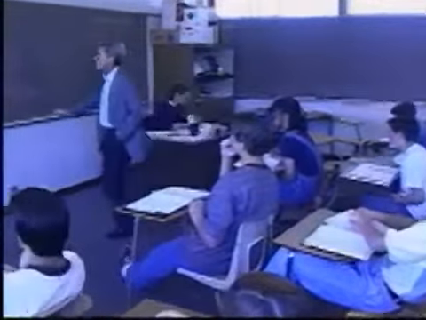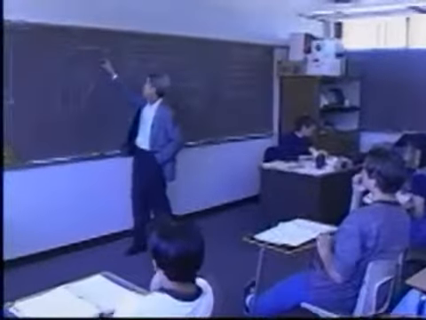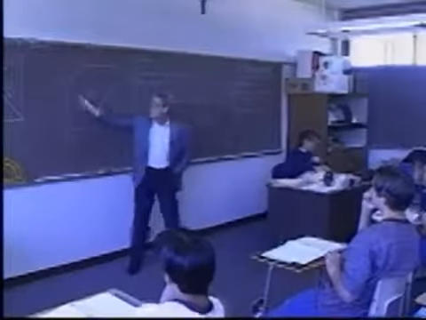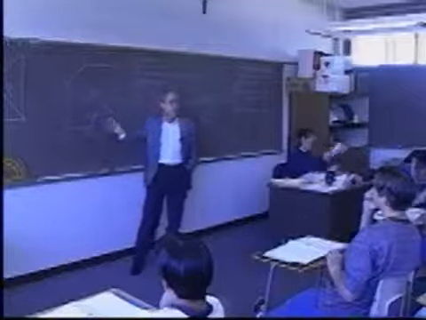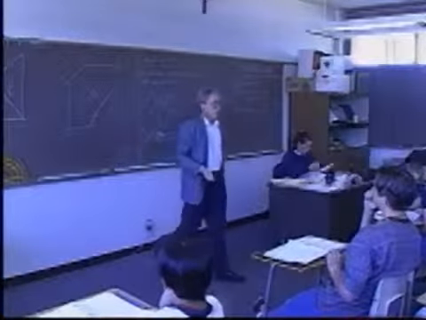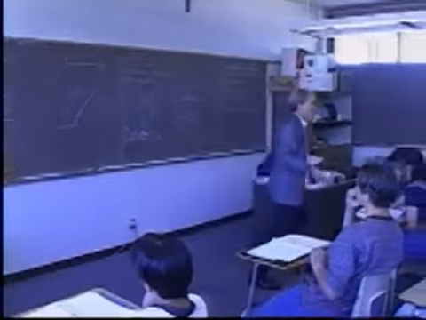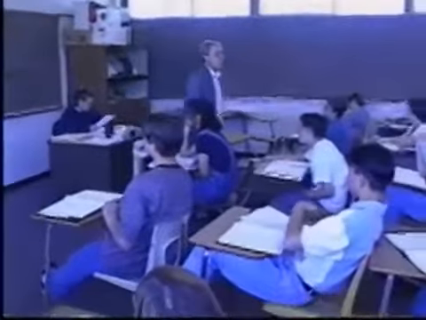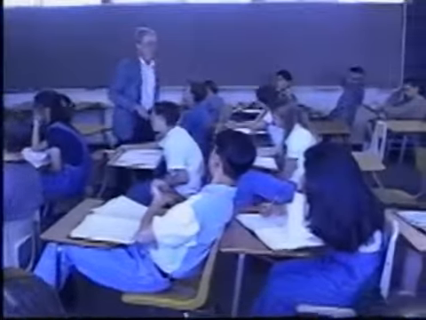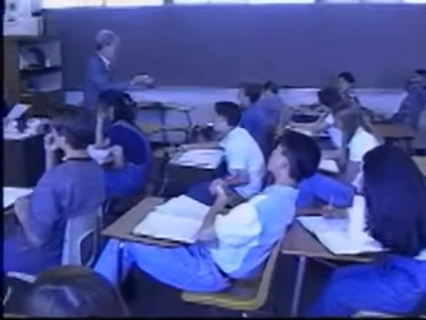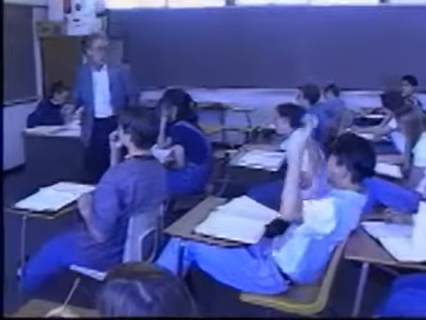How many sides in this figure? 1, 2, 3, 4, 5, 6, right? Number of sides, subtract 2, gives me 4. What is 4 times 180 degrees? 720, right?